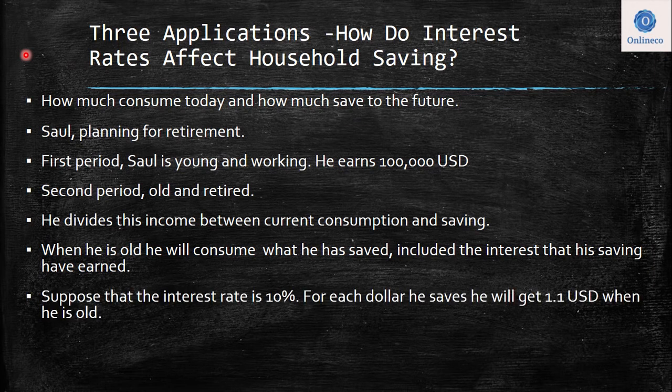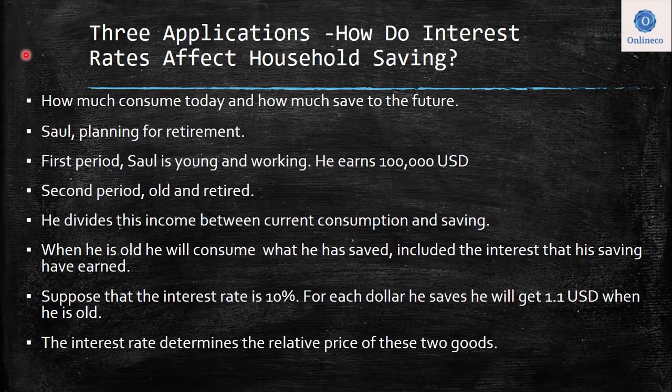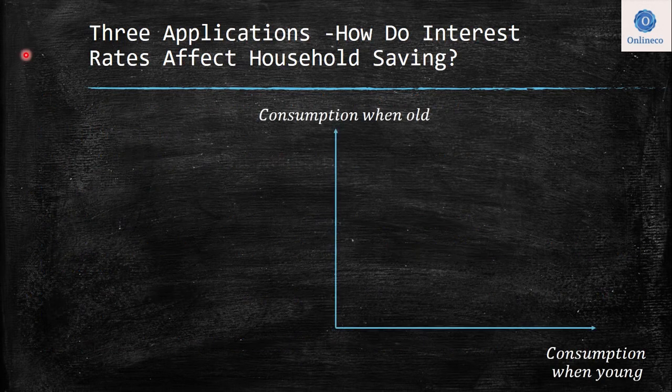Okay, so this is the difference. Suppose that the interest rate is 10%. So it means that for each dollar he saves, he will get 1.1 US dollars when he's old. So at the end of the day, the interest rate determines the relative price of these goods. So here we have the two situations: the consumption when old and consumption when young.